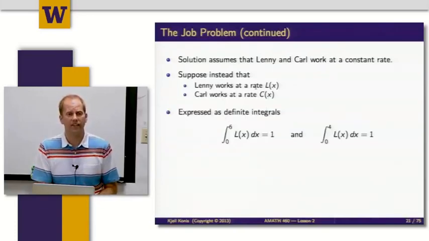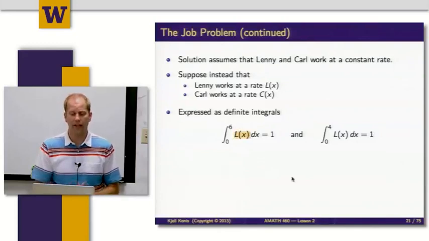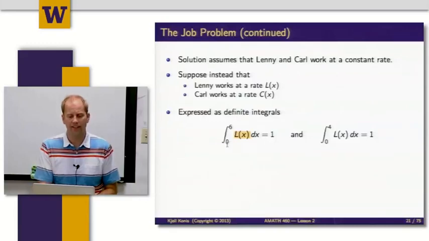Then my conditions that I started out with, I could rewrite these in terms of definite integrals. So I know that if I let Lenny work for 6 hours, he's going to finish one job. So that means that the integral of L of x from 0 to 6 has to be equal to 1.